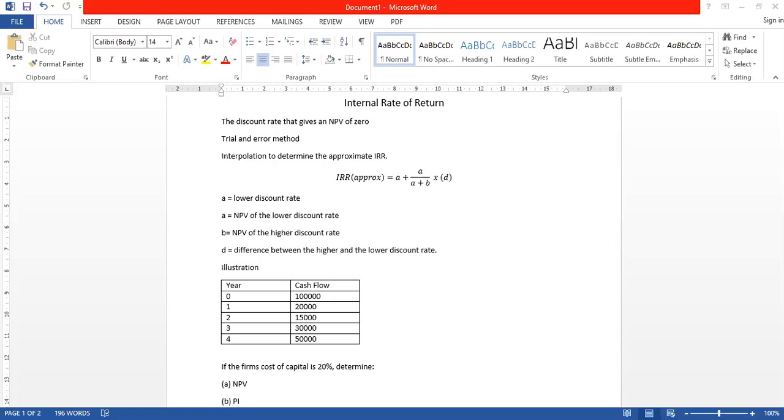I was saying that's why we call it trial and error, and that's why it's a challenging thing to determine IRR. You keep trying. But the simple guide is that you will have to take it so high as to produce one negative NPV and bring it low as to produce one positive NPV.